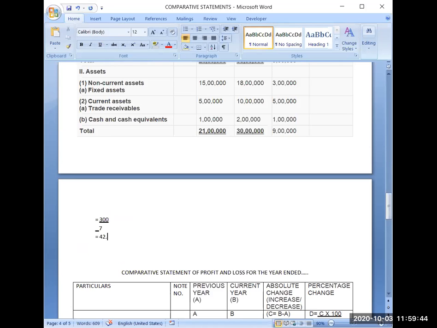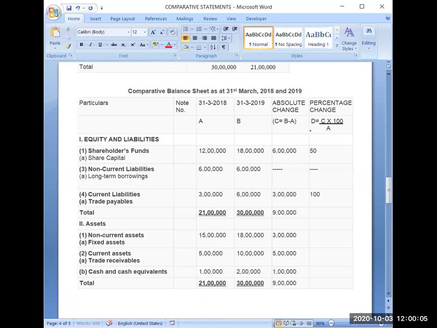Then 6 is the remainder. Now it will become 60, 7 8s are 56. 4 is the remainder, it will become 40. And 7 5s are 35. Because the number which will be coming after this 5 will be greater than 5, we can round it off at 6. So it will become 42.86%.